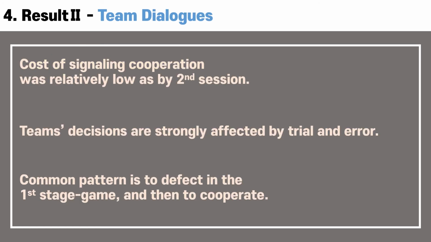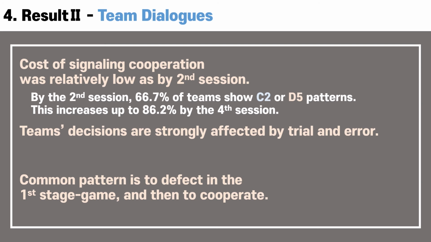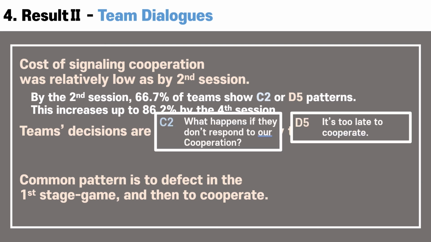So looking at team dialogues, there are some visible patterns present. First, the cost of signaling cooperation, that is, to choose cooperation in the first stage game or before your opponent, was relatively low by the second session. By the second session, 2/3 of teams showed C2 or D5 dialogue patterns, and this rises to 86.2% by the fourth session.